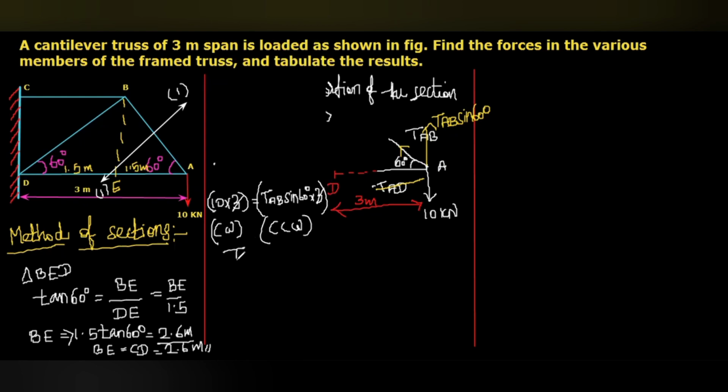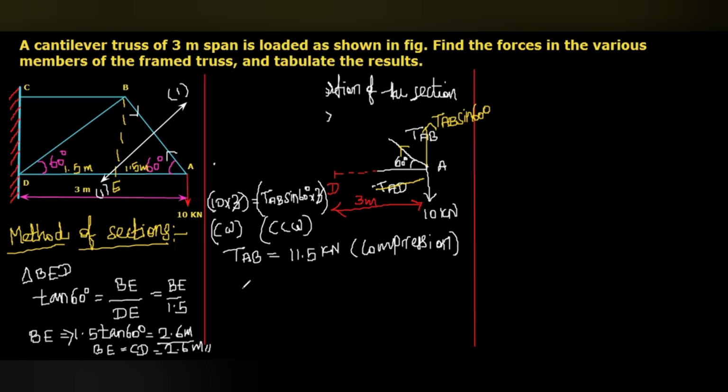From this we will get the value of TAB, equal to 11.5 kilonewton. Here you can see from the point A, it is going outwards. So from point B also it will be outward. So it is compressive in nature. So the first force that we found here is compression.